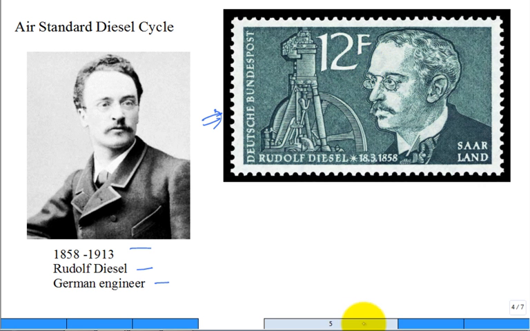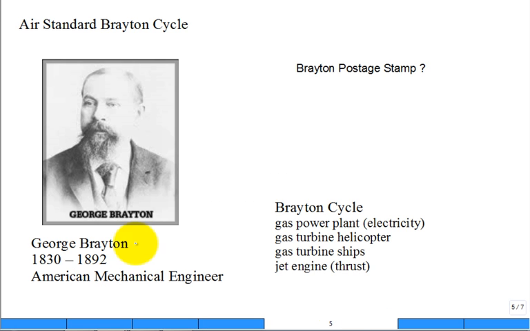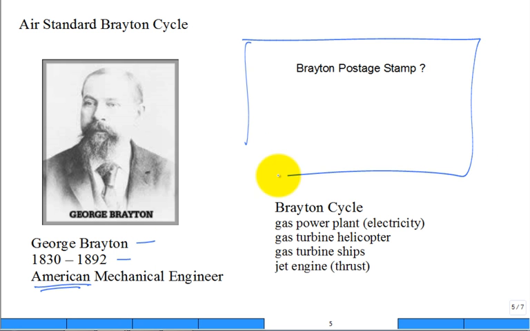What about Brayton? Well, George Brayton is an American. Every now and then you'll find an American that contributed to the science of thermodynamics. And these are the years that he lived. And where's his postage stamp? Hasn't been issued yet. But the Brayton cycle is very diverse.